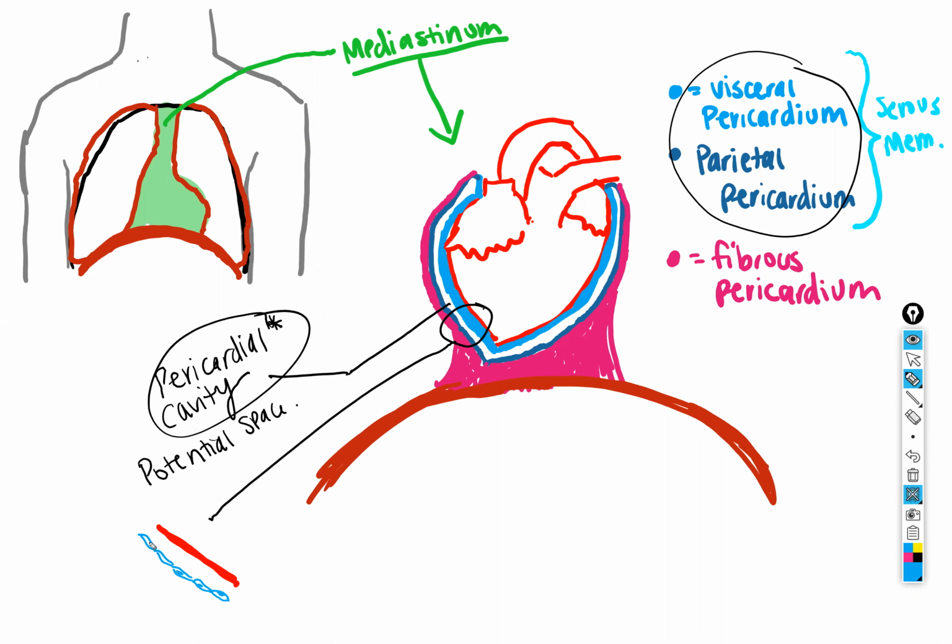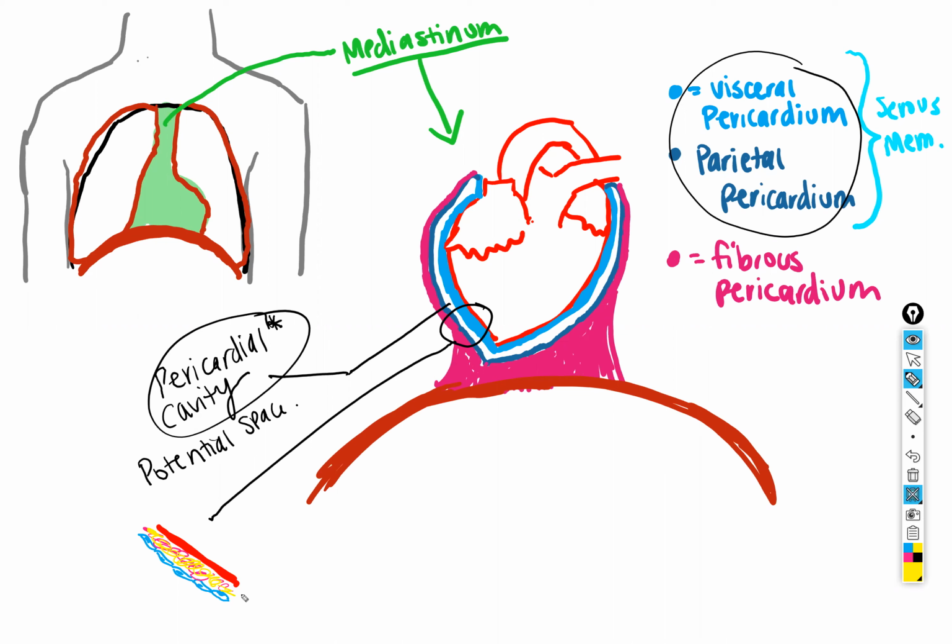So these are squamous endothelial cells. And then underneath that, there's a very, very thin, fine layer of loose connective tissue and fat. So if you need a review on serous membranes, go back to chapter 1 and chapter 4.